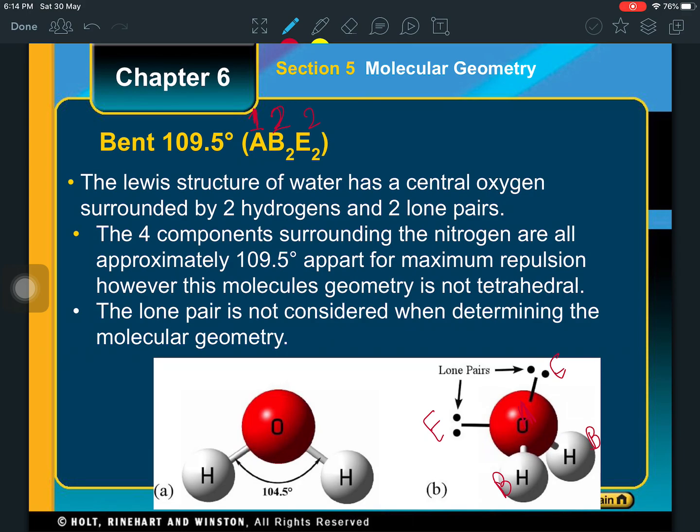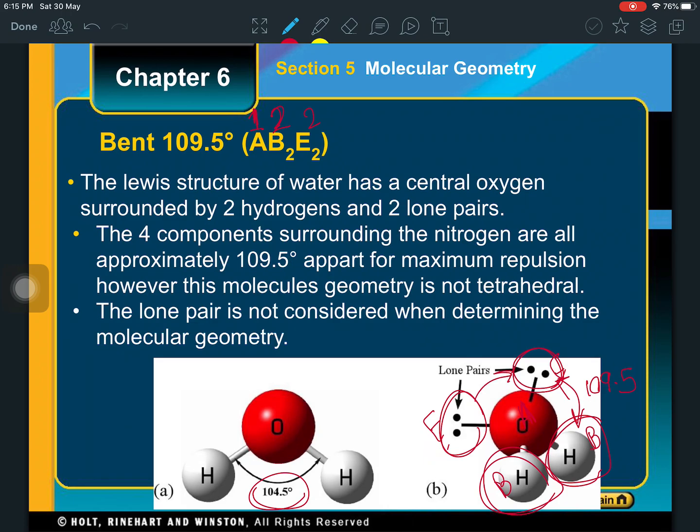Now, when I look at this molecule as well, it also takes on an almost tetrahedral conformation because it has 4 components, 1, 2, 3, and 4. So its bond angles repelling each other are approximately 109.5. Again, we'll talk about this slight variation in a minute.